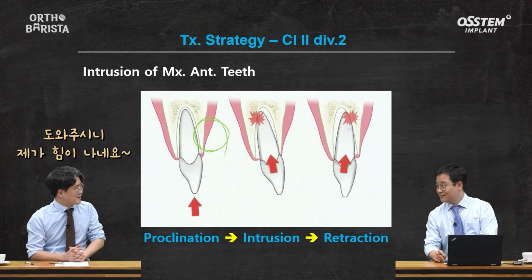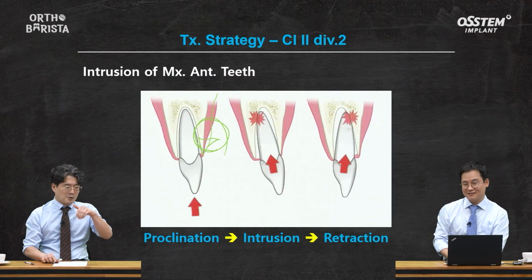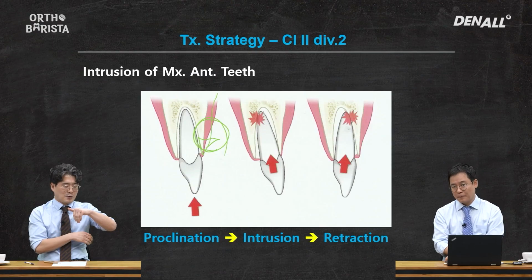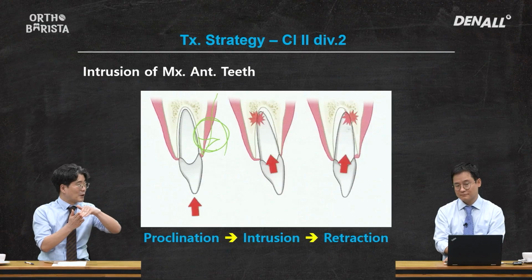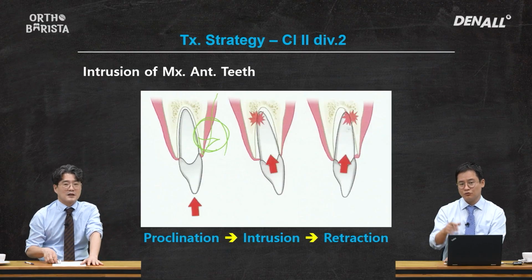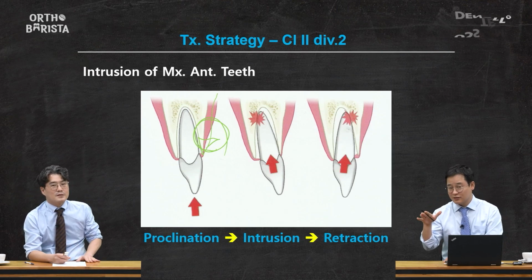That's a great help. This is labial plate, not lingual. So, with this lingual version, labioversion proclination should come first, followed by intrusion. And if necessary, retraction can be done. You can consider following these steps in bracket-based treatment, too. So, proclination first, and then intrusion and retraction. Right.